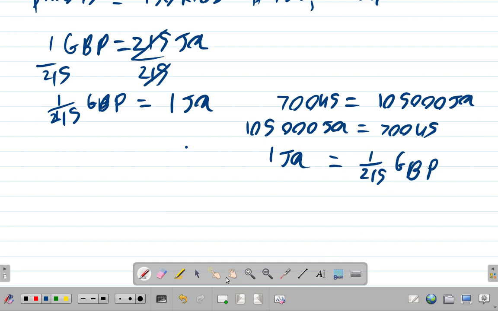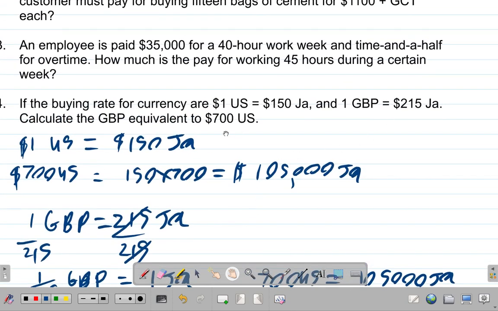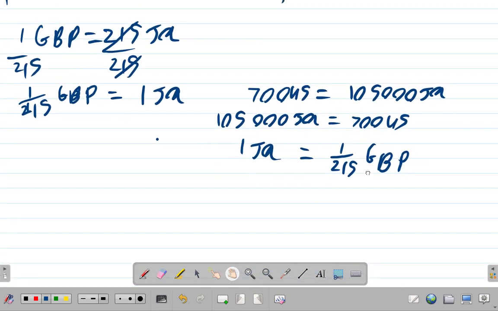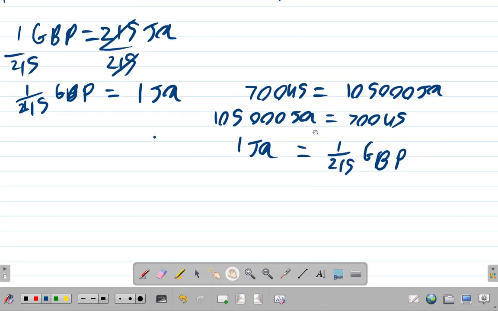Now, what the question asks you for is the GBP for 700 US. Right? Now, here, if you multiply this by 105,000, what you're doing is equating it to 700 US.